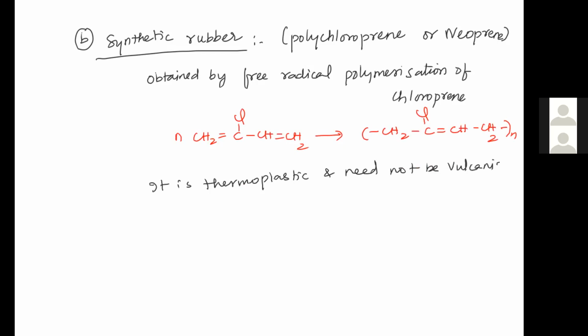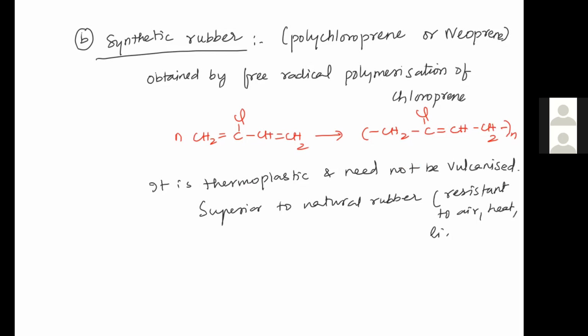It doesn't have the natural stickiness. And this is superior to natural rubber. Why? Because it is resistant to external reactions, like resistant to air, heat, light, chemicals, alkalis, acids, everything.